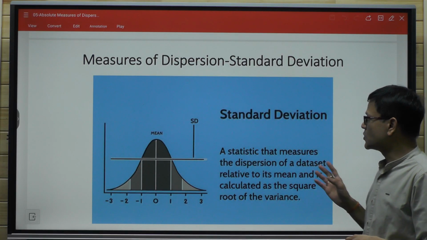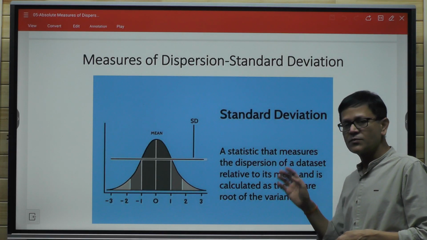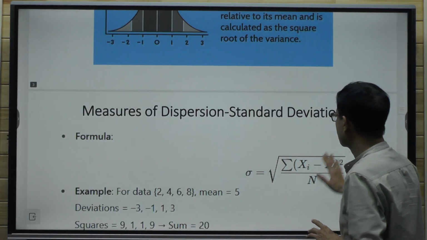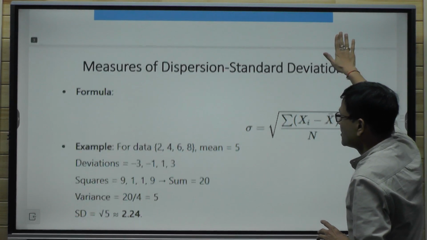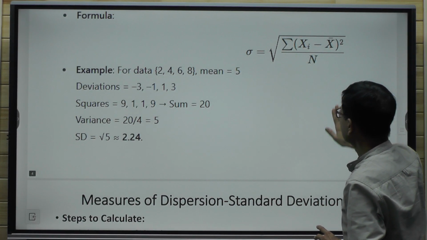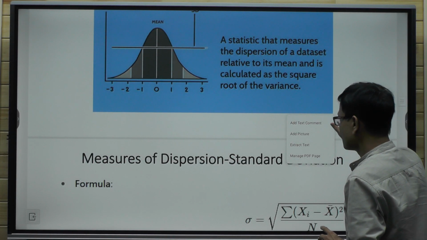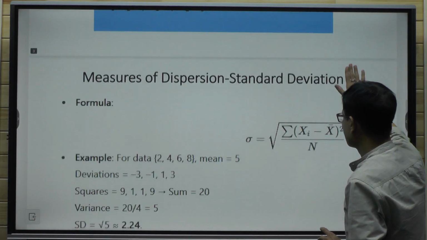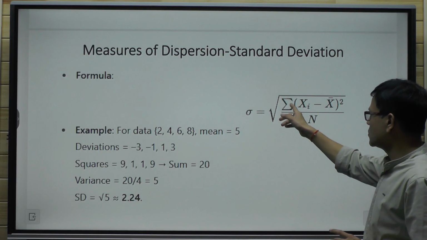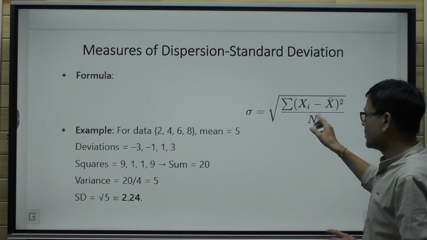This is actually the meaning of standard deviation, and this also gives the formula for calculating it. So the measure of standard deviation is defined as rho equals the square root of the summation of (xi minus x bar) whole square divided by n.